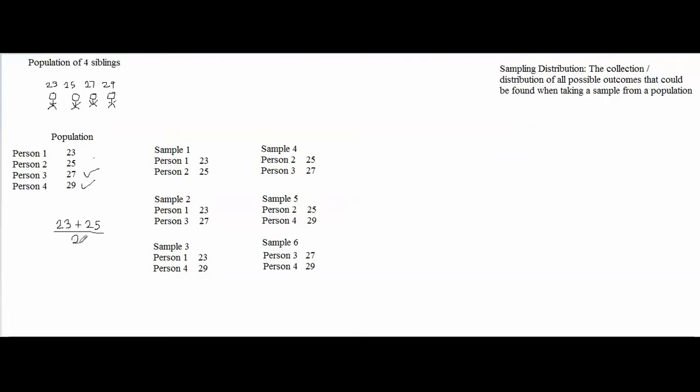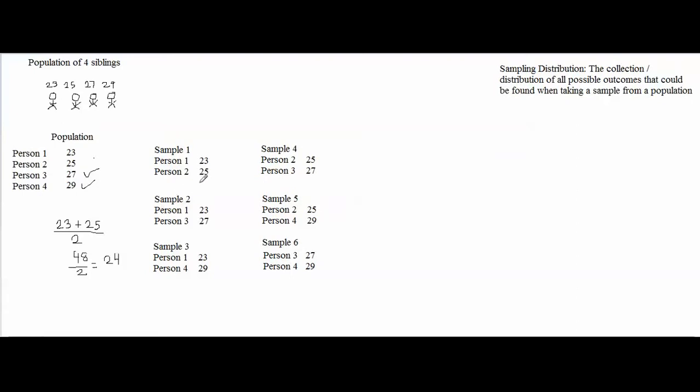There's 2 numbers, so we divide by 2. 23 plus 25 is 28. I'm sorry. 23 plus 25 is 48. 48 divided by 2 is 24. So the mean of sample 1 is 24.